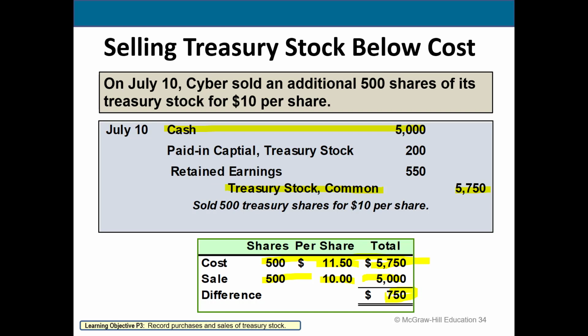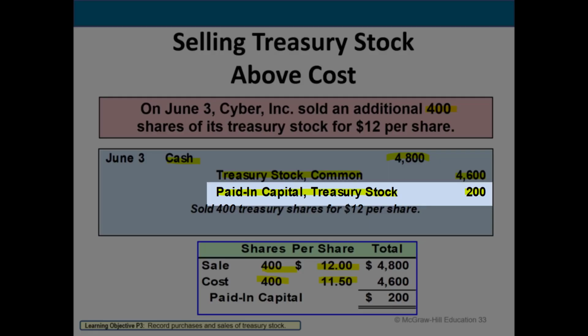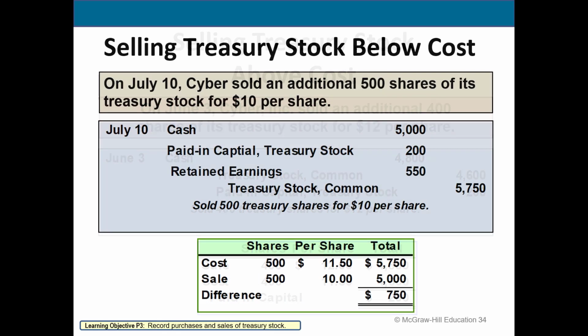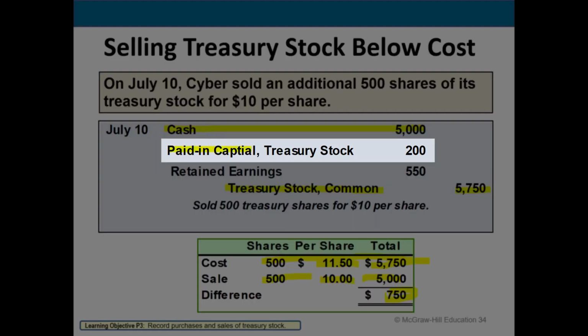So remember in the previous slide, we have a credit balance in the paid-in capital treasury stock account of $200. So when we sell it for less than what we paid for it, we first have to reduce that account. We can only reduce it to a zero balance.